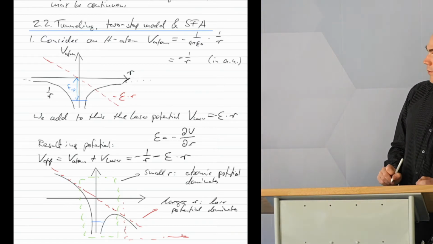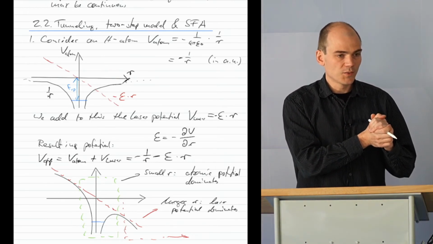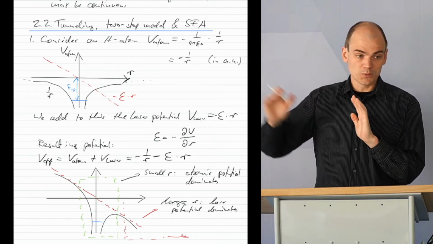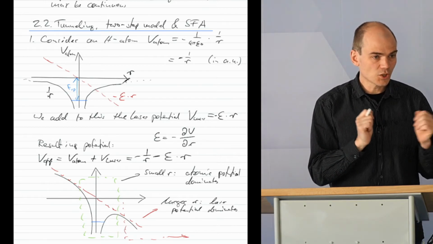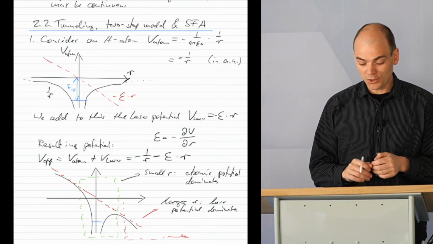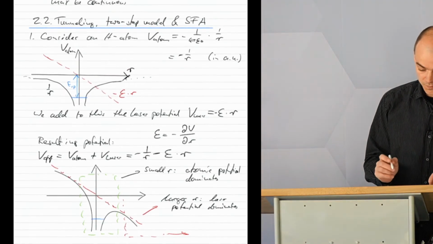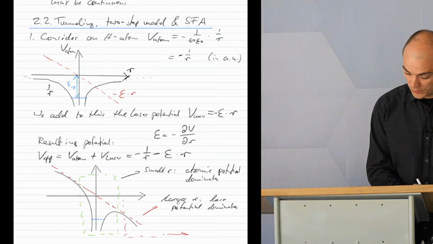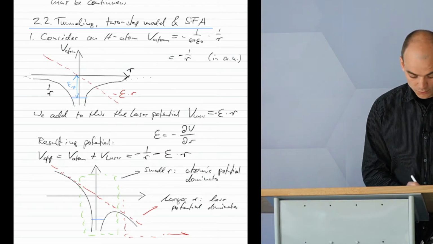So we have the situation that when the electron is close to the core, the laser field is not so important. When the electron is far away from the core, the atomic potential, or ionic potential after the electron is gone, is not so important. So this is actually our remark 2.